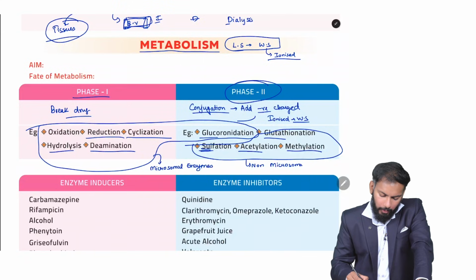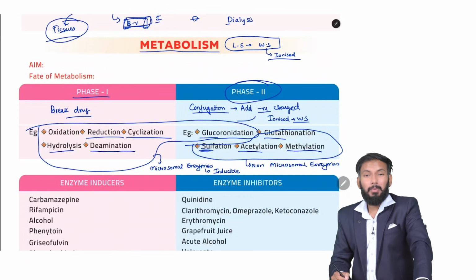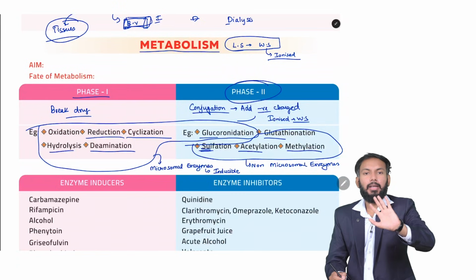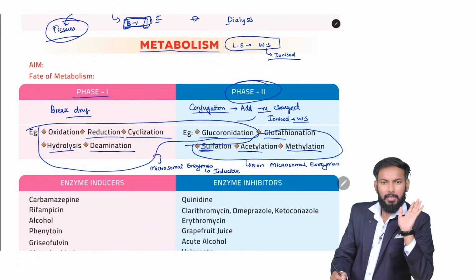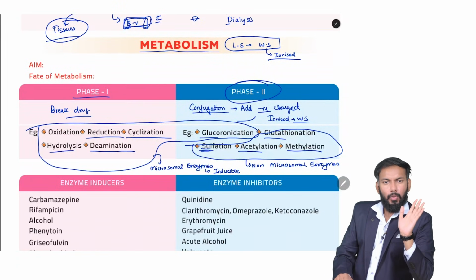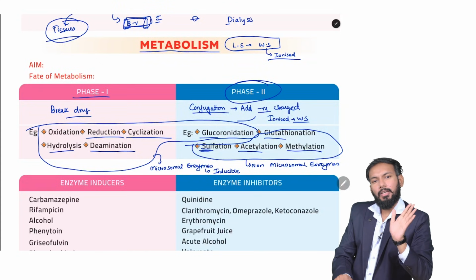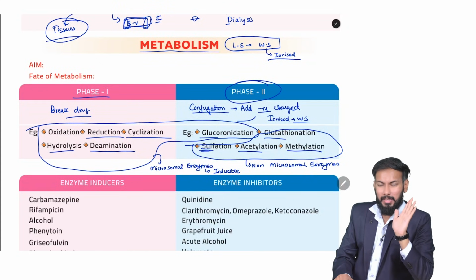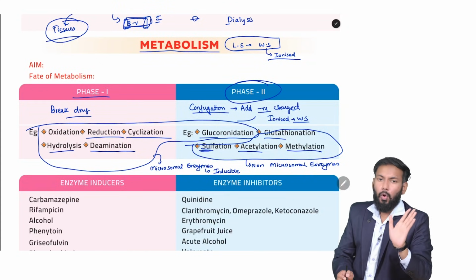Now, why are these microsomal enzymes important? These are inducible enzymes. Microsomal are inducible. That means you can either increase or decrease these enzymes. So, almost all of the drugs are metabolized by microsomal enzymes. Why? Phase 1 happens to all the drugs.